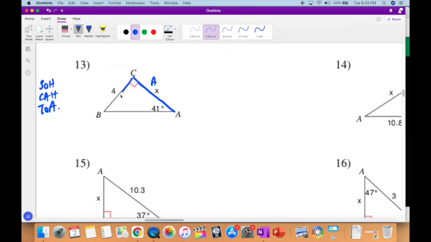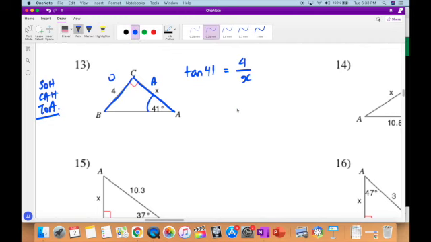And then this side here is the opposite. So I'm going to use tan, right? I have the angle here. So I could just put tan of 41 is equal to the opposite 4 over the adjacent, which is x actually.